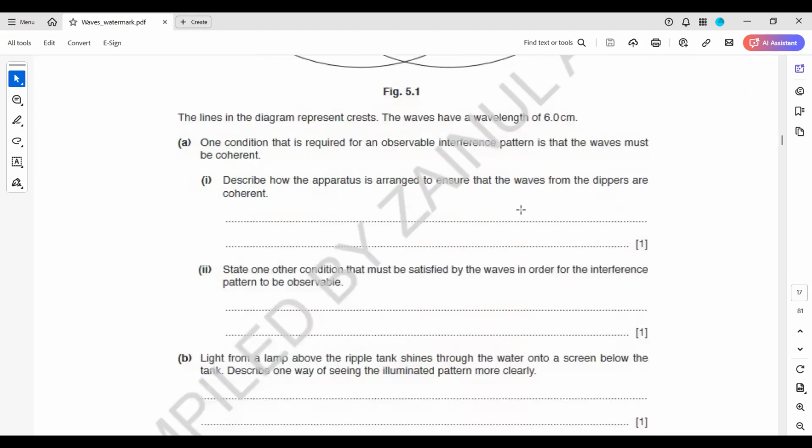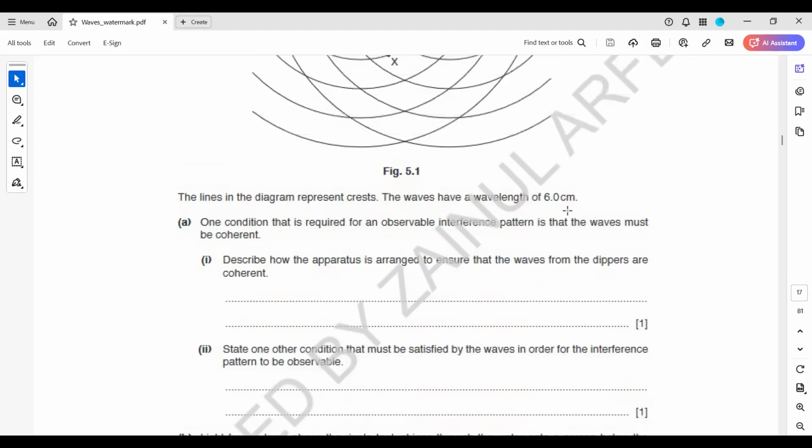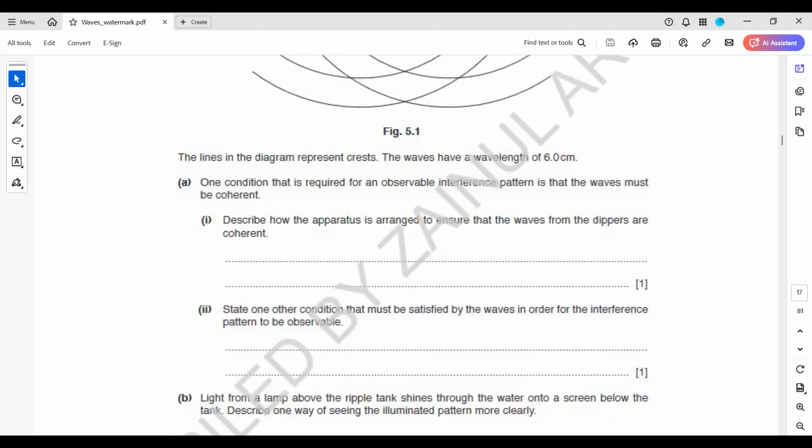Next: state one other condition that must be satisfied by the waves in order for an interference pattern to be observable. If we want to observe the interference pattern, the first thing is the waves should be coherent. The second, they should have a comparable amplitude. Interference means combination of waves.